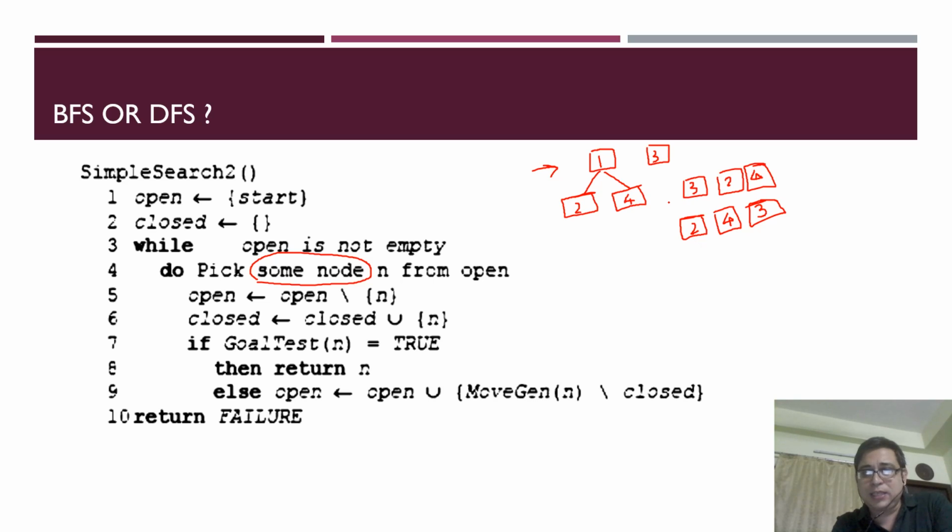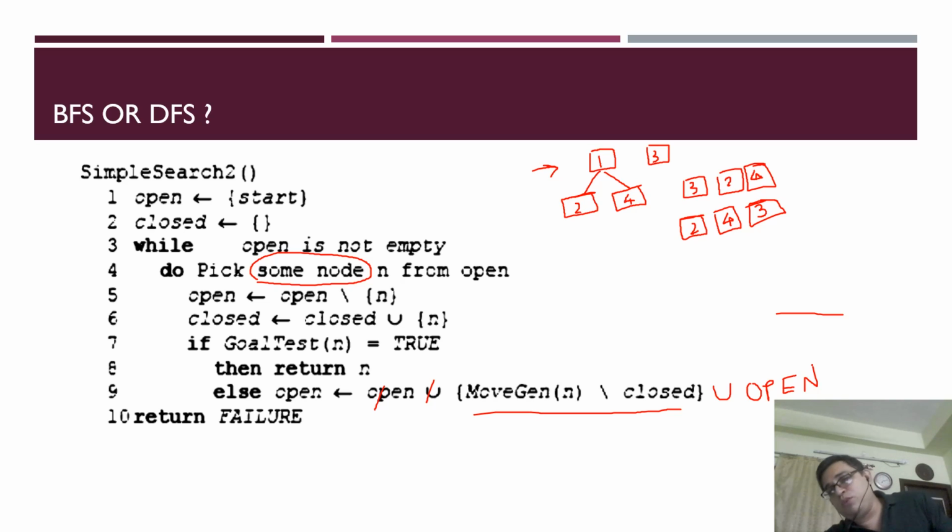Here the children are getting added later, so this is BFS. If you change the order and make it union open, then it would have been DFS. Are you understanding? Yes sir. So by this small change, you can change it from BFS to DFS.